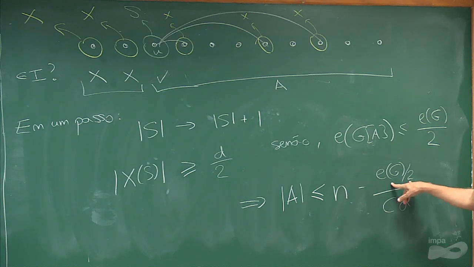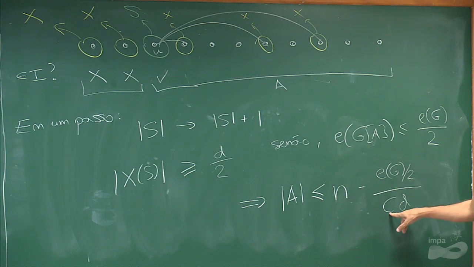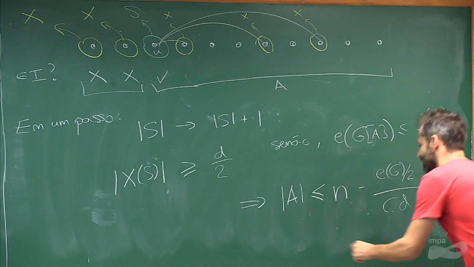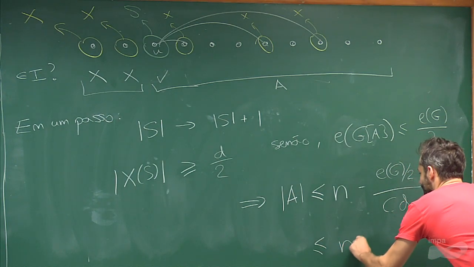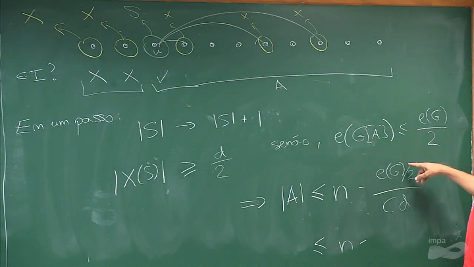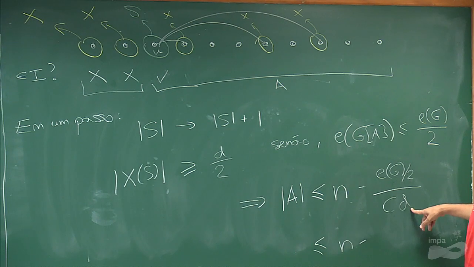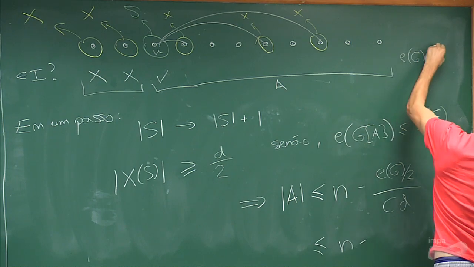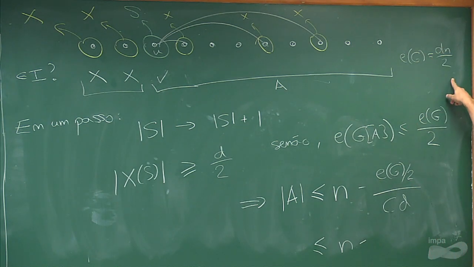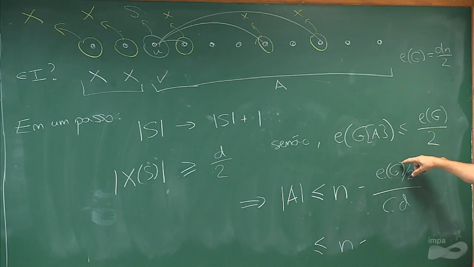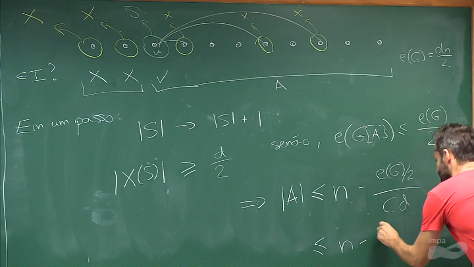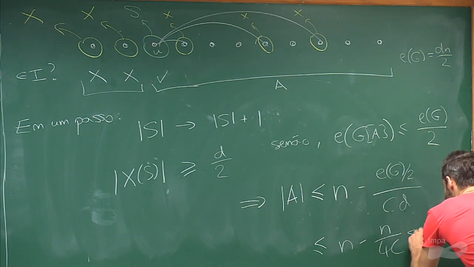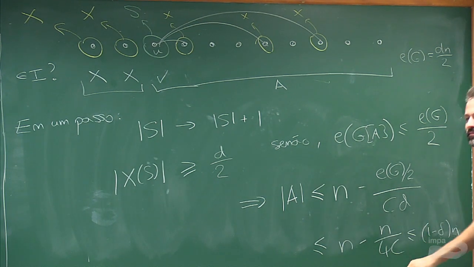You lost this many edges, and each vertex removed only this many, at most, by the max degree condition. So that means it's at most n minus E of G over d, something like n. E of G equals dn over 2, so dn over 2 cancels with the d, giving n over 4c, which is less than 1 minus delta times n.